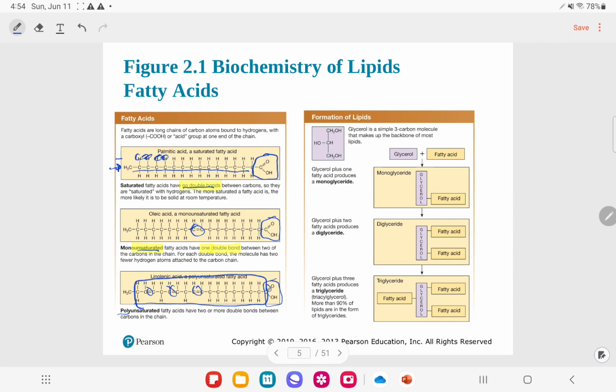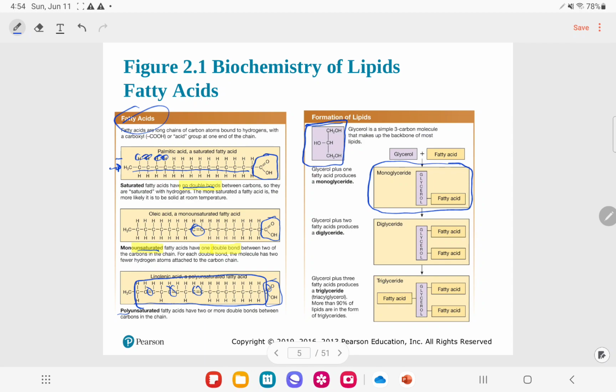So when we're forming a lipid, a lipid is made up of a fatty acid, which we can see right here, plus a glycerol backbone, okay? And this glycerol is just simply a 3-carbon molecule that makes up the backbone of these lipids. So we have the glycerol plus 1 fatty acid. This is going to be a monoglyceride, all right?